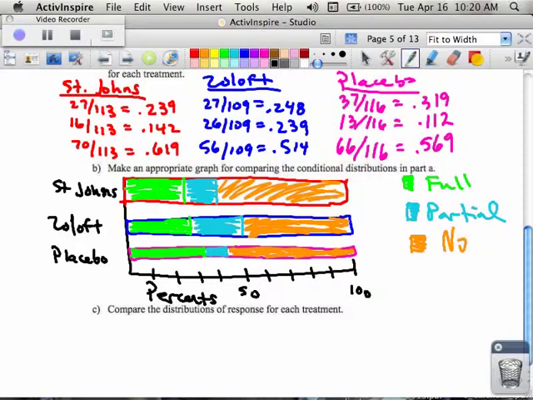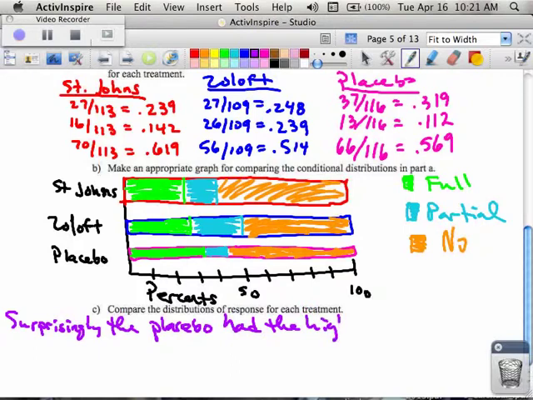And I guess for me, something that sticks out is the placebo, maybe surprisingly, the placebo had the highest partial and full response total.